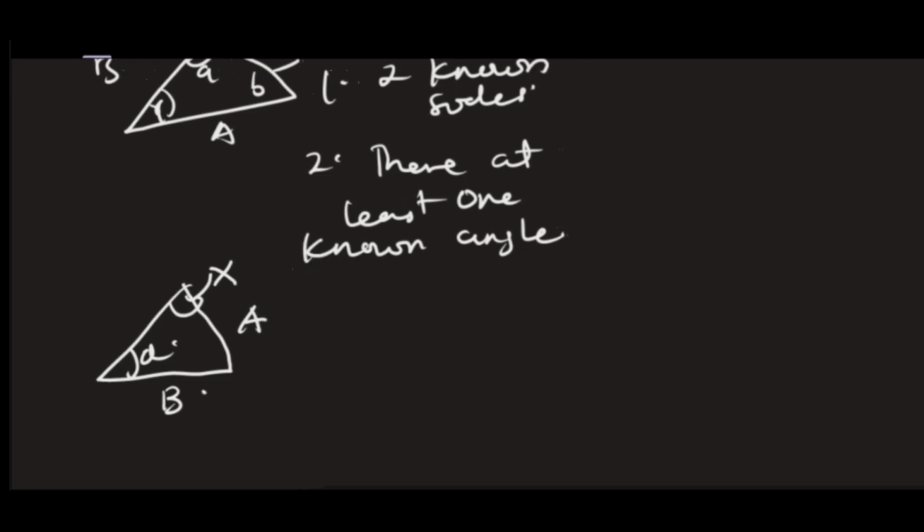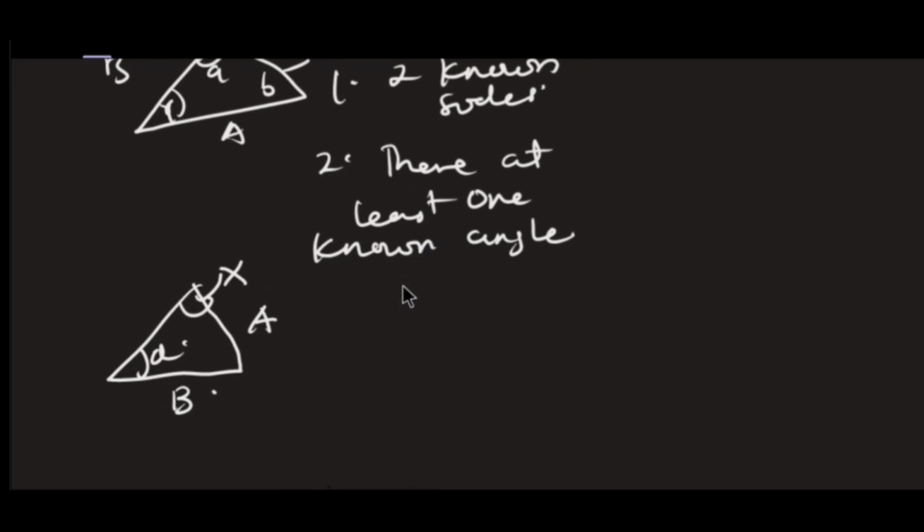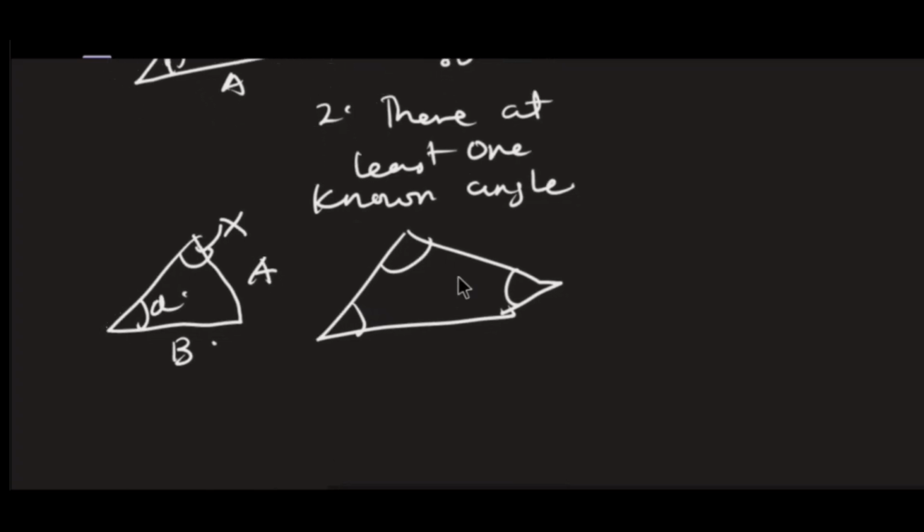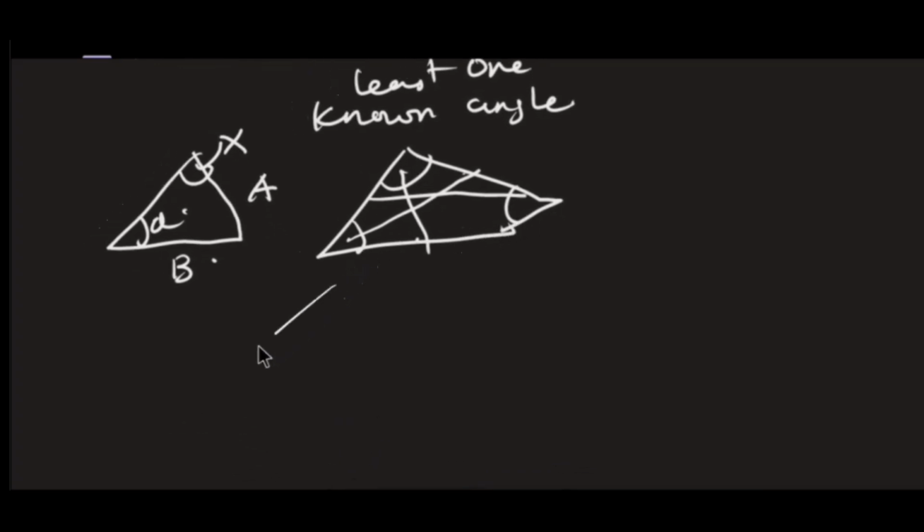Now what is the sine rule itself? The sine rule is stating that when you have a triangle and you take the opposite angles, the sine of an angle in a triangle over the opposite side. So if you have a triangle, here is alpha, beta, and gamma.